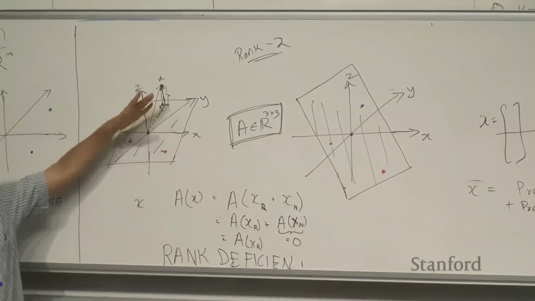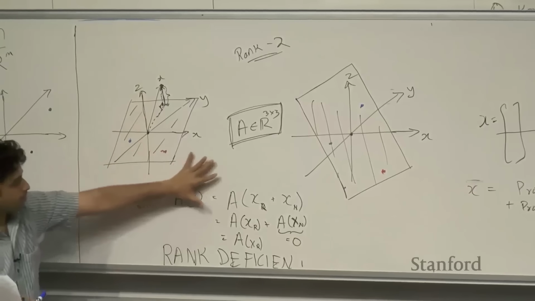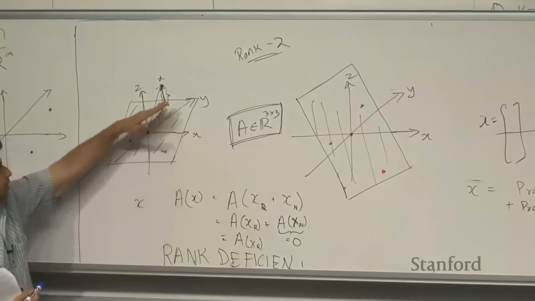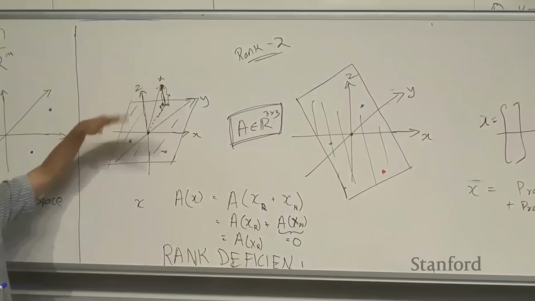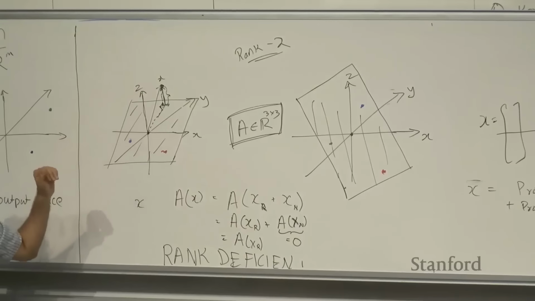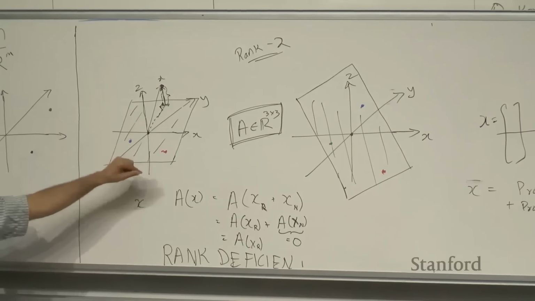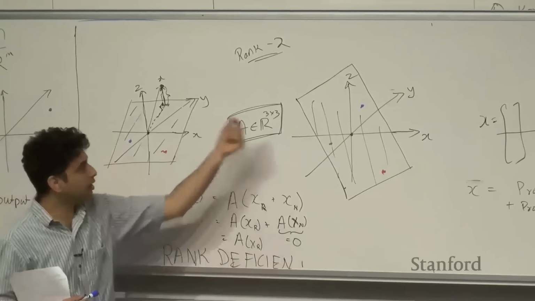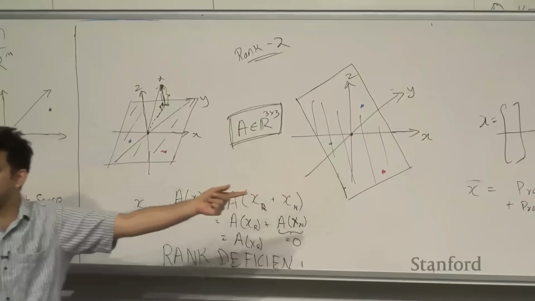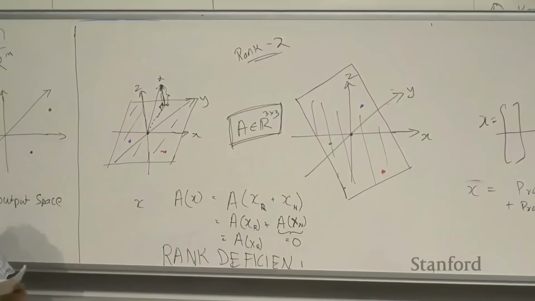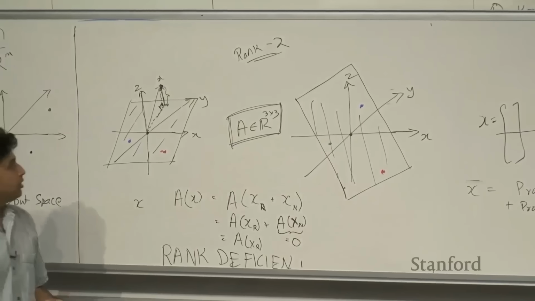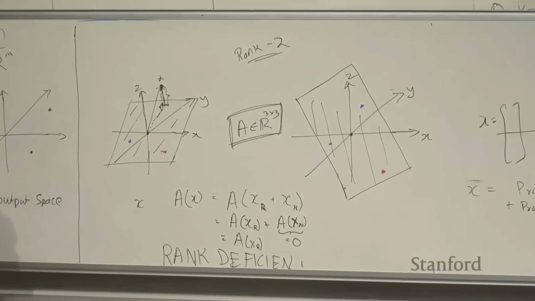It essentially means this operation is just pruning out anything that's outside the row space from the input, finding the projection onto the row space, and carrying that point forward onto the output space. So this concept of projection is super important.